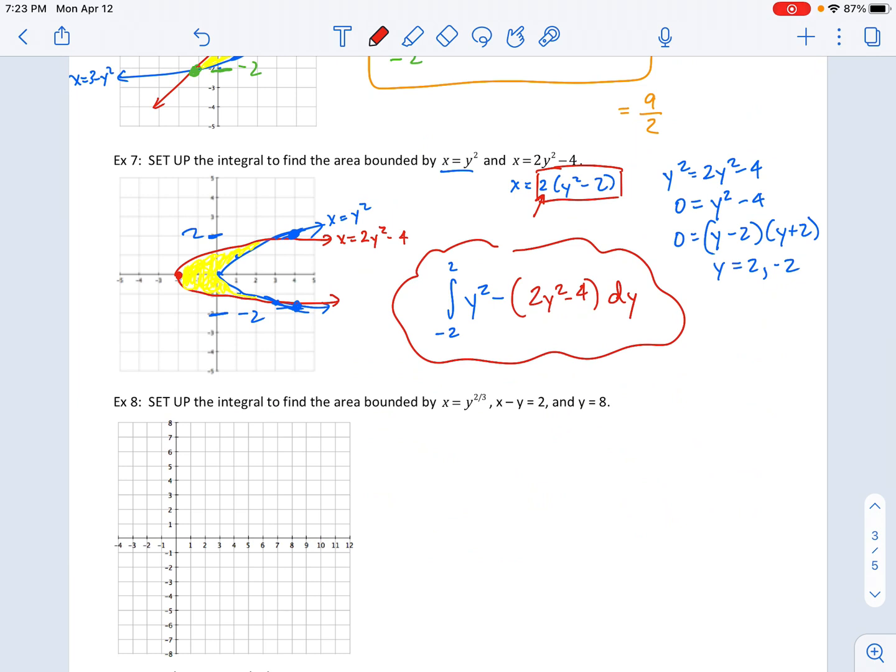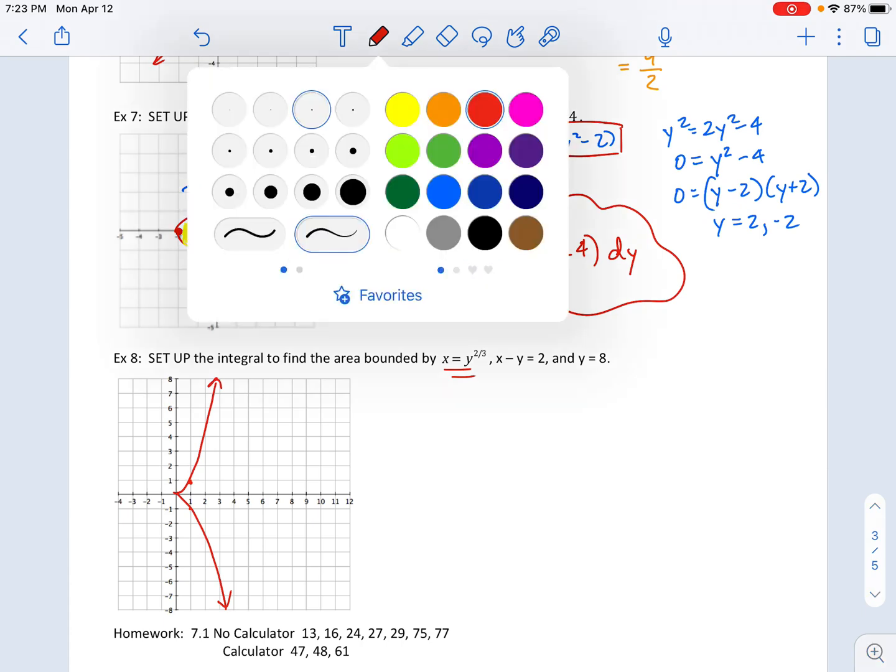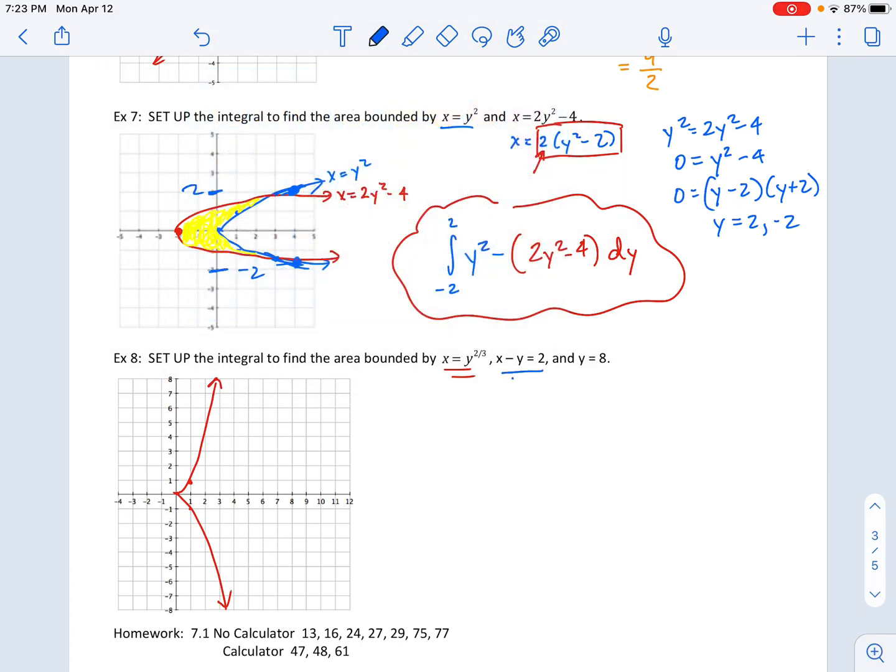And then one more time, if we do right minus left, this is a little bit more complicated of a function. X equal y to the 2/3. It is that seagull graph, just turned on its side. X minus y equal to 2, I would probably graph as x minus 2 equals y, just kind of switch sides where the y and the 2 are. So I kind of have a y equals format.